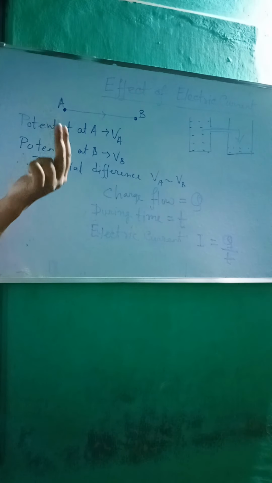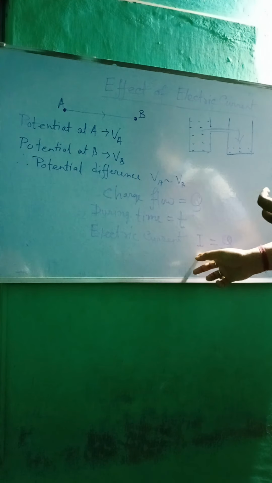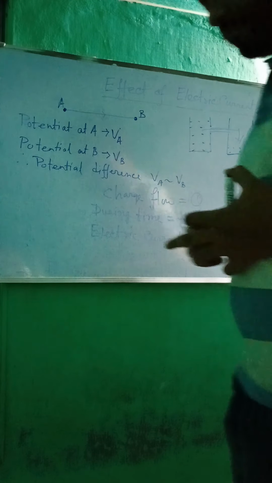That means charge flow per unit time. This is known as the electric current, denoted by the letter I. I is equal to Q by T.